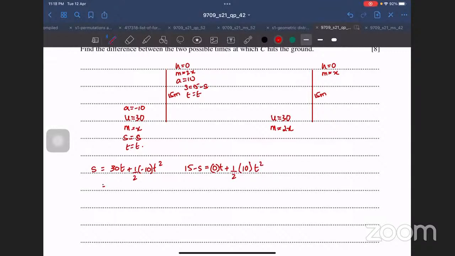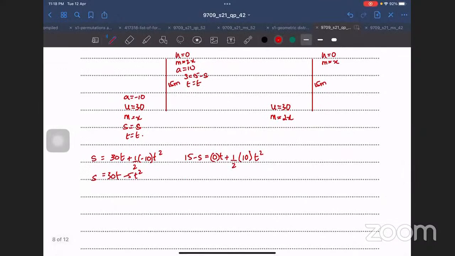Okay, so I get 30t minus 5t squared. I substituted here. I get t equals 0.5. So they're meeting after 0.5.